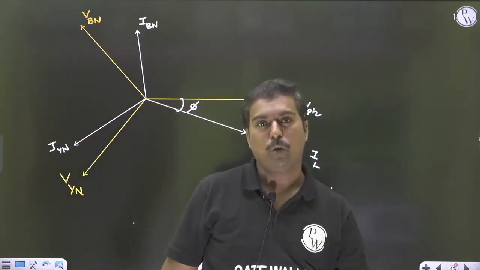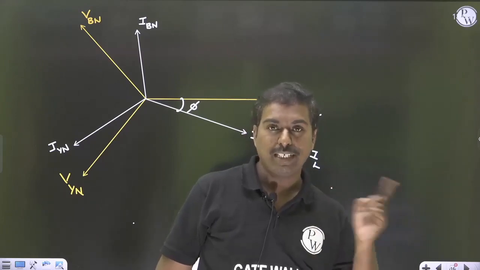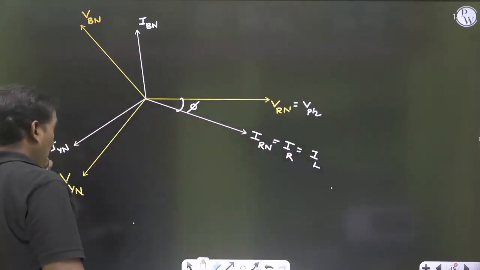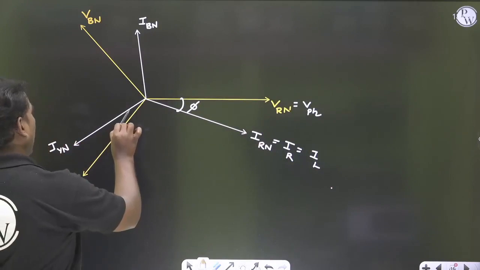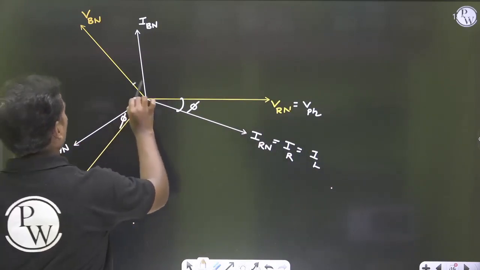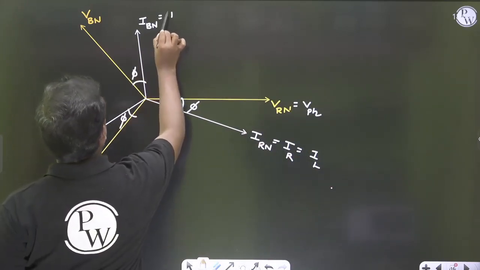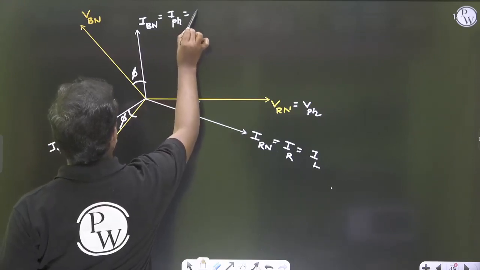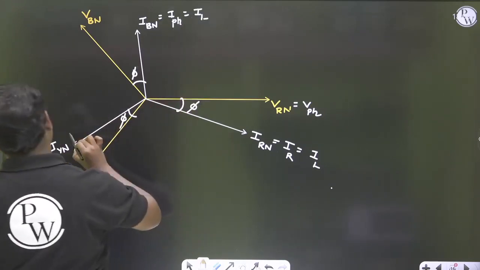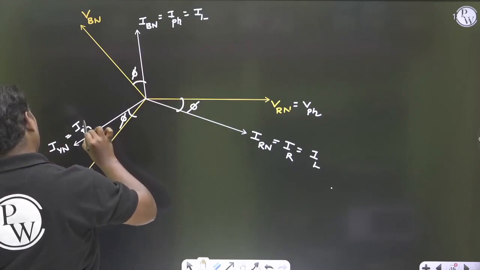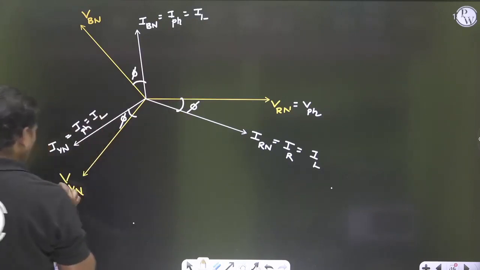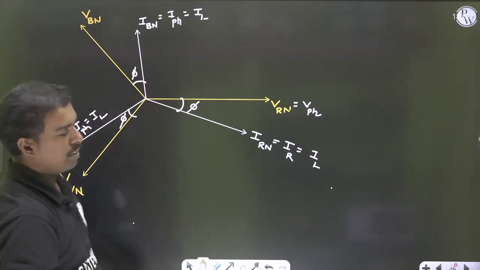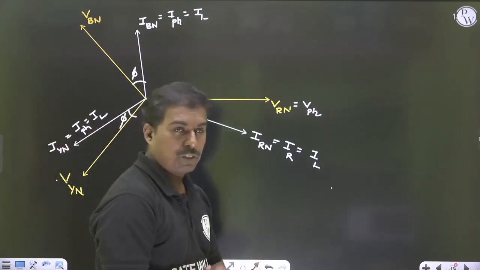In an inductive load, voltage leads, current lags. That was the meaning of the diagram. This is a phasor diagram. So phi, these all are phase currents. Phase current is equal to line current in the star connection. Understood? So these all are phase voltages: VRN, VYN, VBN.